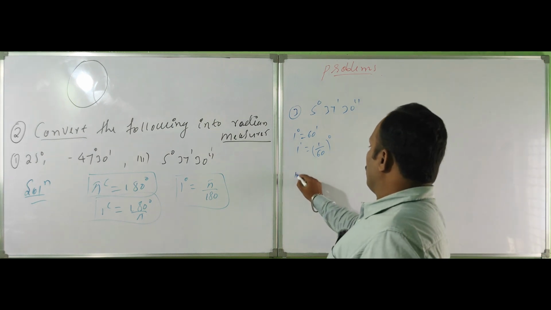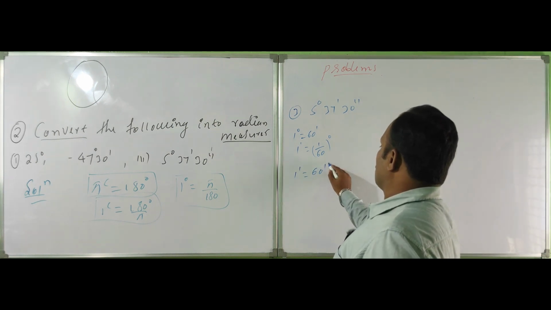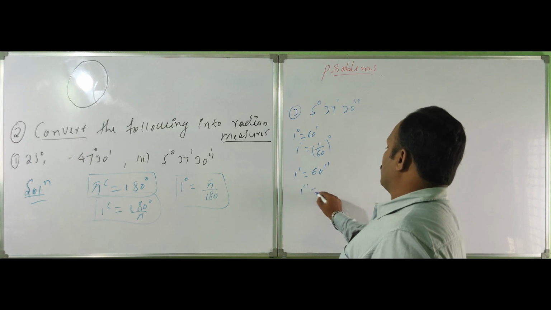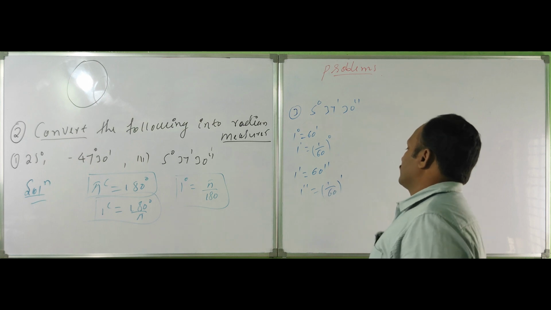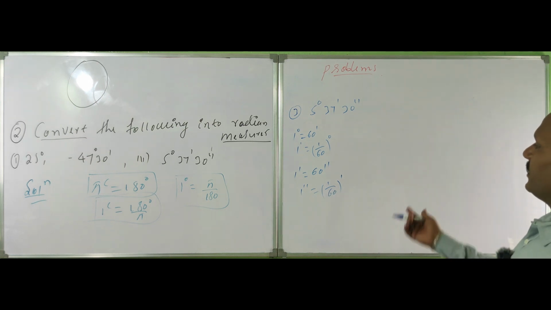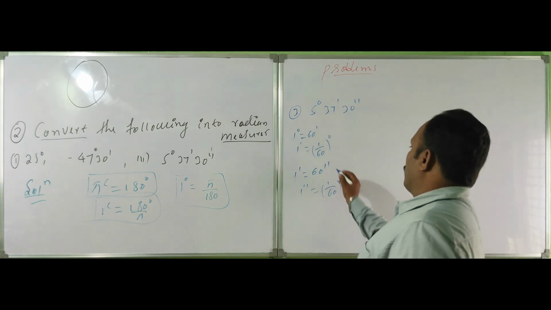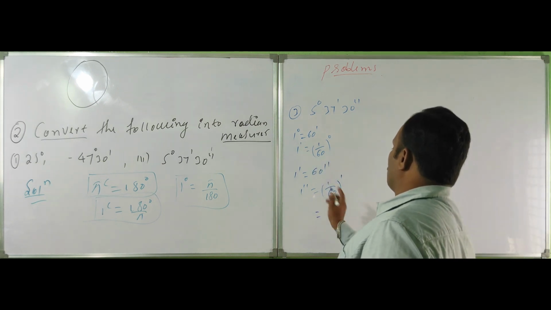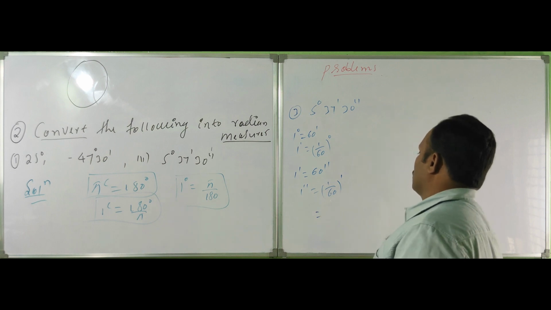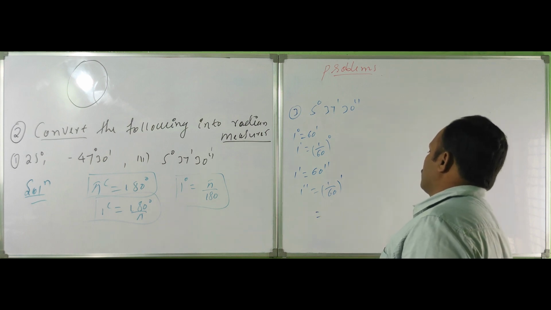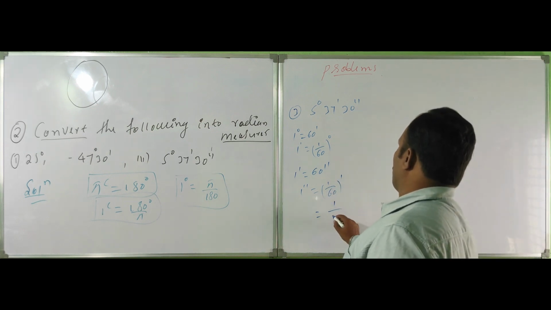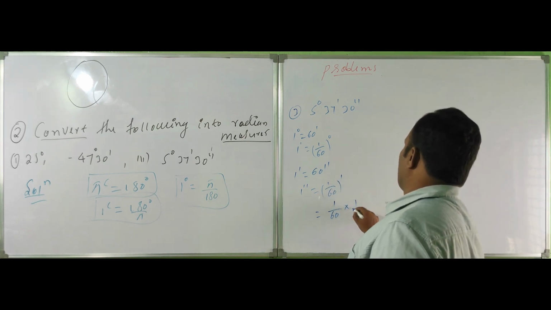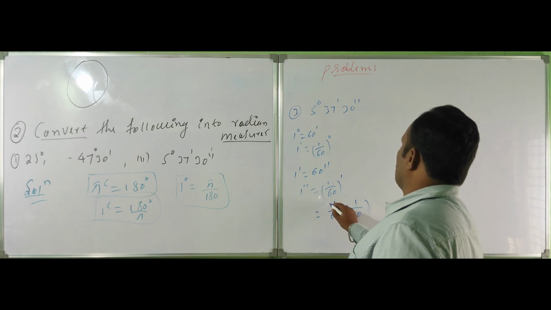Again, 1 minute is equal to 60 seconds, so 1 second is equal to 1 by 60th of a minute. In terms of degrees, how can I write it? 1 second is 1 by 60 into 1 by 60 degree.